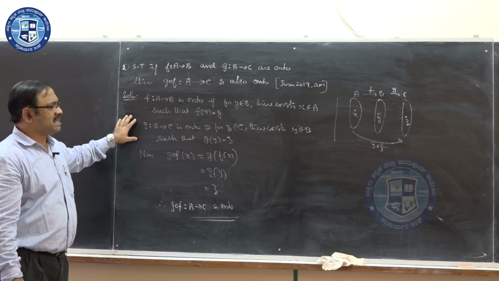So all these operations plus, into, minus and division are considered to be binary operations. Binary means 2. It is an operation defined for 2 elements. Therefore these are binary operations.